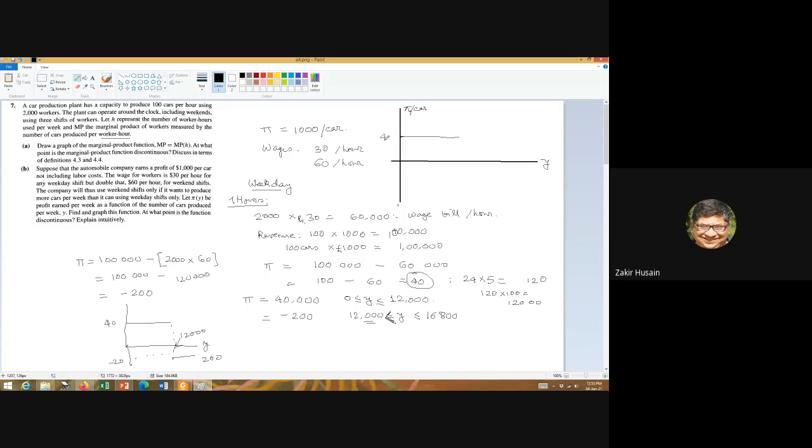So it will be 40. So during the weekdays, per car, your profit is 40. You reach this, what is the limit?